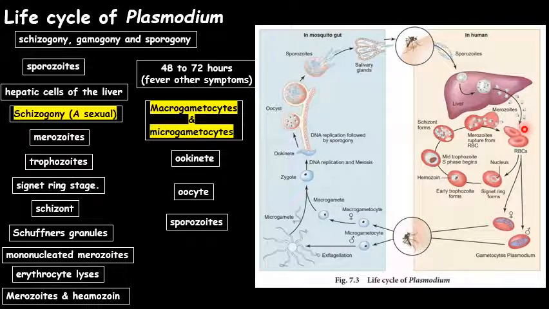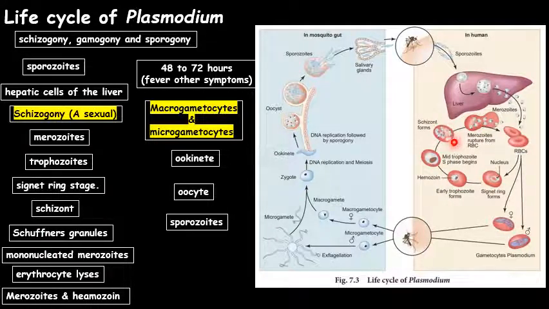and to hide from the white blood cells, they enter the red blood cells and change into trophozoites. Slowly they grow inside the red blood cell and enter the signet ring shape, which is a mononucleated trophozoite, and then it undergoes multiple divisions and produces lots of schizonts. They look like granules, otherwise known as schizont granules, which are usually yellowish or brownish in color.